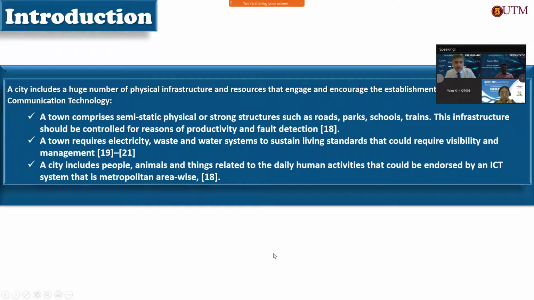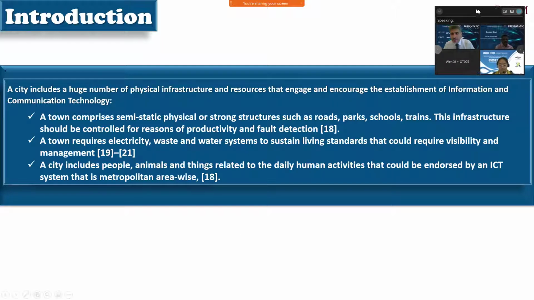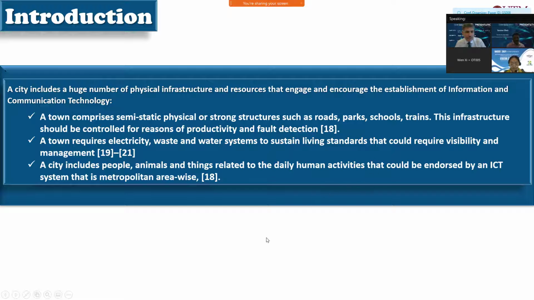So while we say we need to explain about the smart city, at first we must know what is the city. A city includes a huge number of physical infrastructure and resources that engage and encourage establishment of information and communication technology. A town comprises semi-static physical or strong structures such as road, park, school, train.